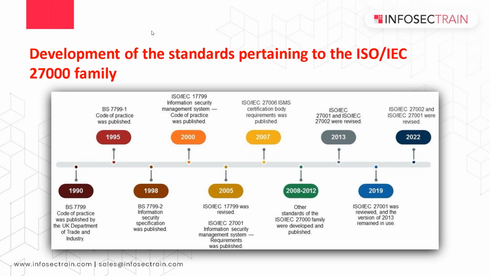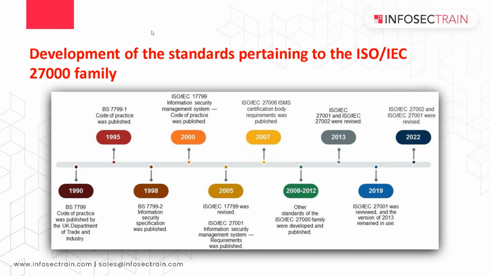So when it comes to the ISO 27000 framework, the purpose of ISO 27001 is that the standard is a framework. The standard and the framework is a combination of policy and process for the organization.